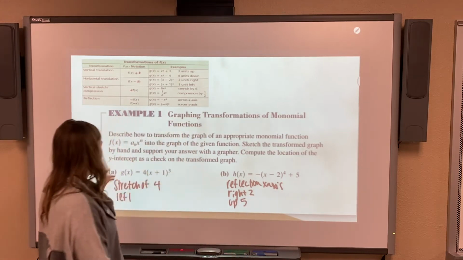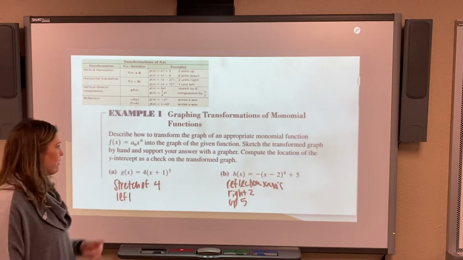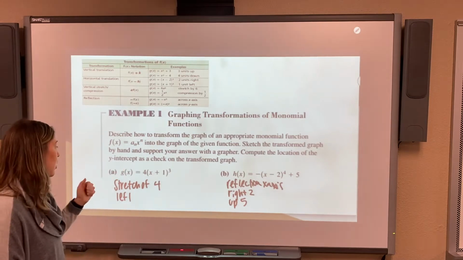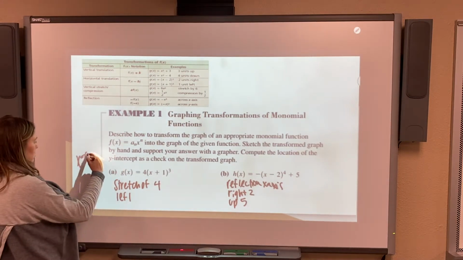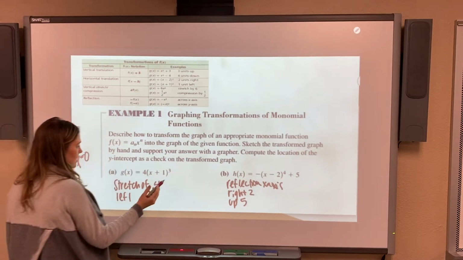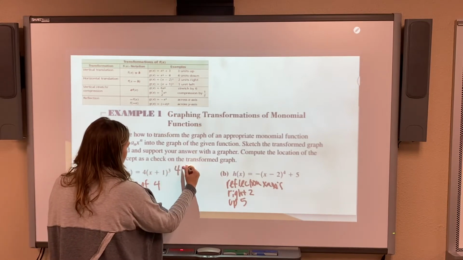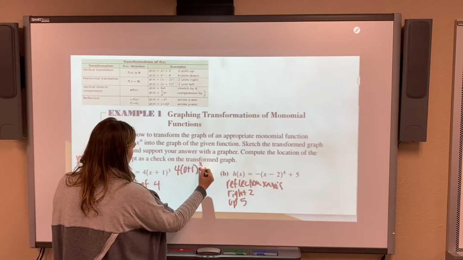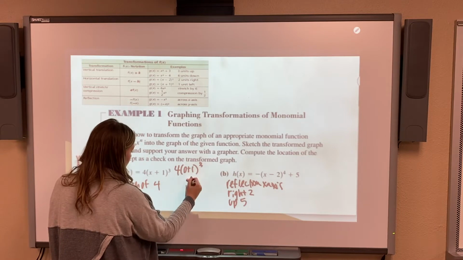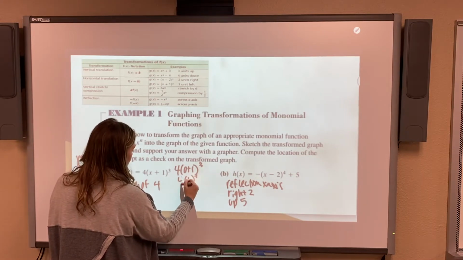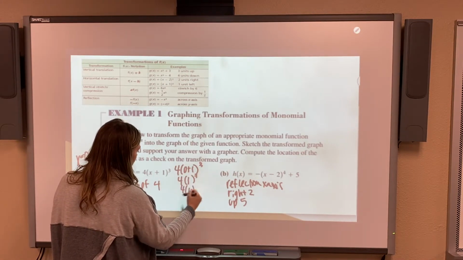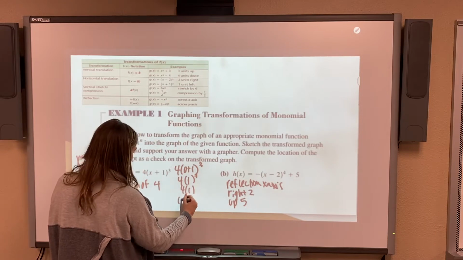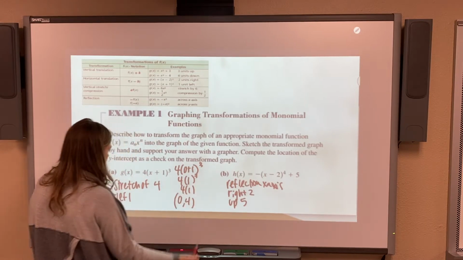Okay, I think it said to check with a grapher, compute the y-intercept, and so for the y-intercept, your x value is equal to 0, so we plug in a 0 for x. So if we have 4 times 0 plus 1 cubed, well 0 plus 1 is 1, 1 cubed is 1, so 4 times 1, so your y-intercept is at 0, 4.